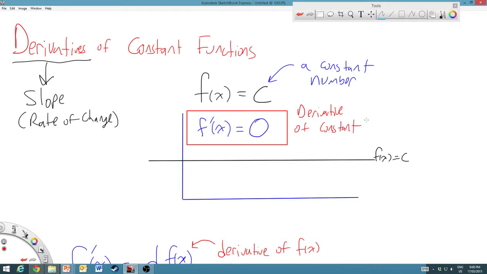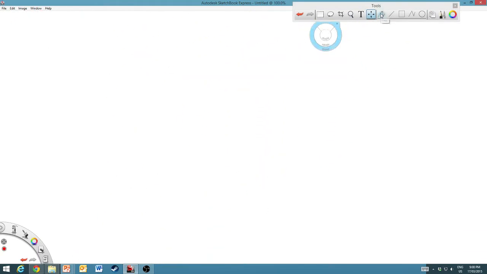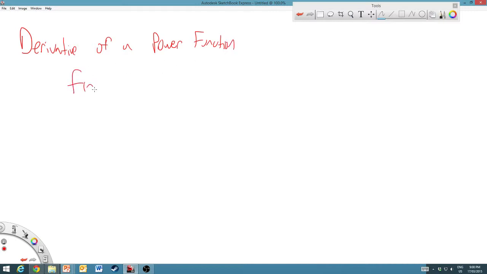Okay, so that's good. Next, suppose we have a power function. So, the derivative of a power function. Well, a power function has this form: f of x equals x to the power of n.